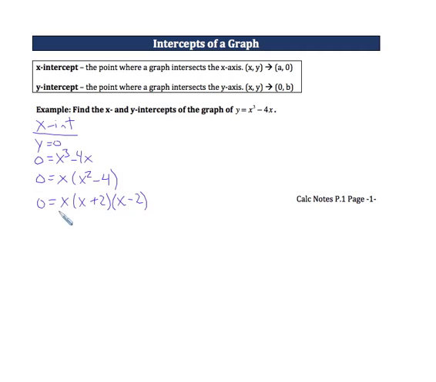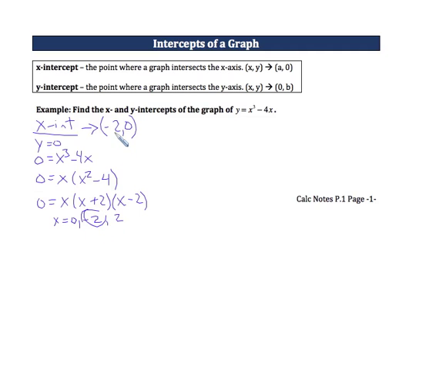And now we have 3 solutions to this. So this one would be x equals 0. Here would give us -2. And this one would give us +2. So the x-intercepts, however, are not x equals 0, -2, and 2. It is the points (-2, 0), which came from this one right here.